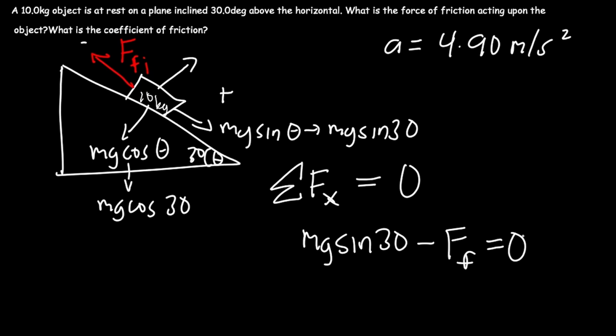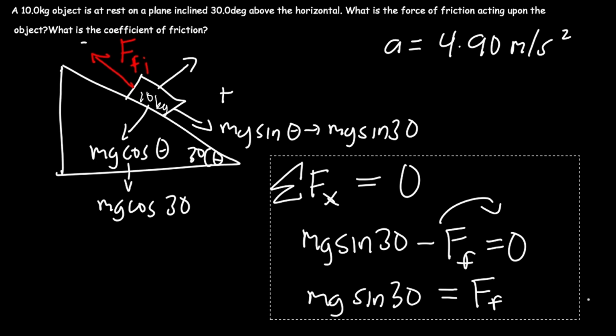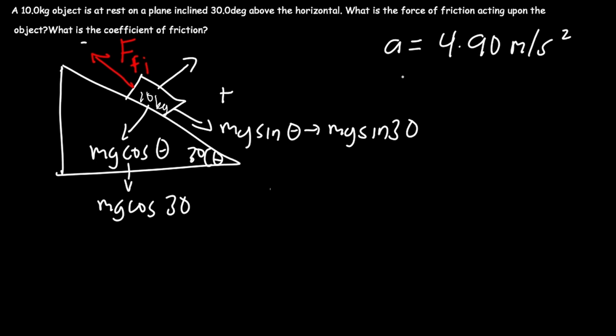So we can get yung friction by transposing to other side. So mg sine 30 is equals to Ff, or yung friction natin. And then we can solve, no?